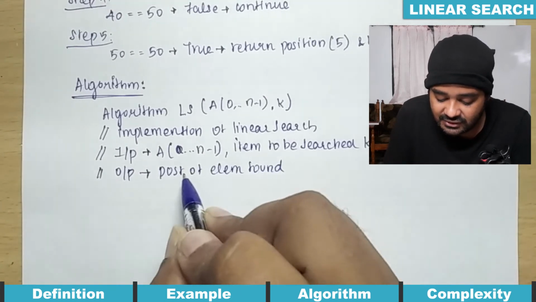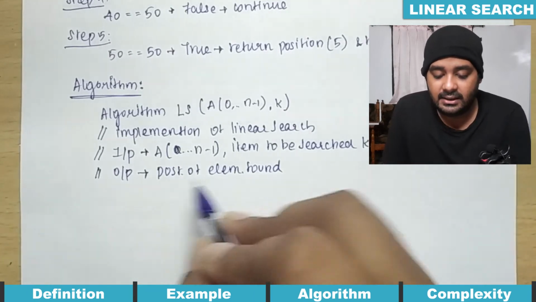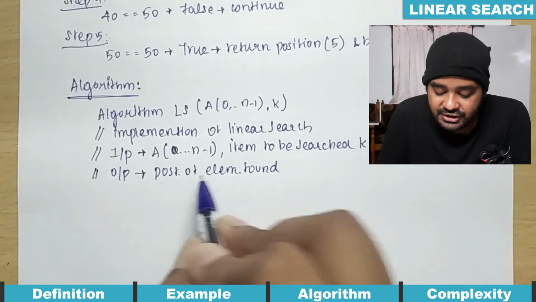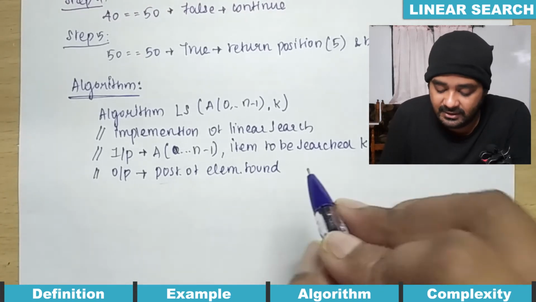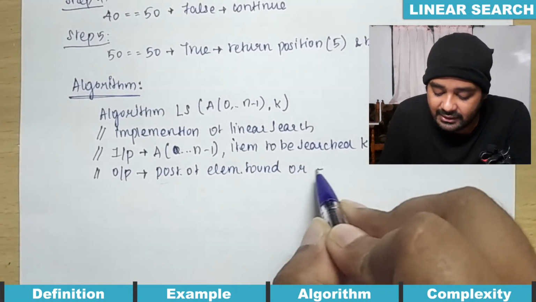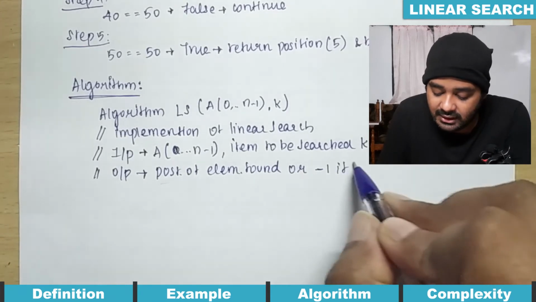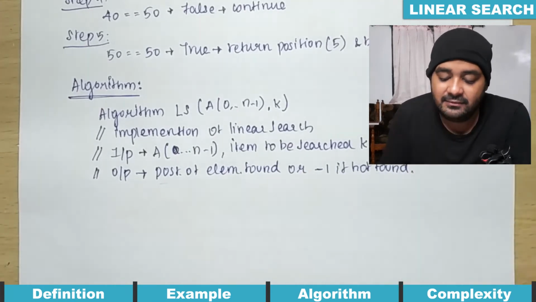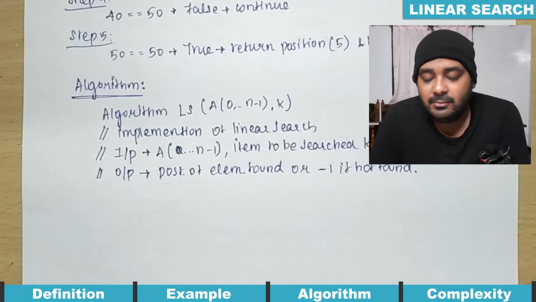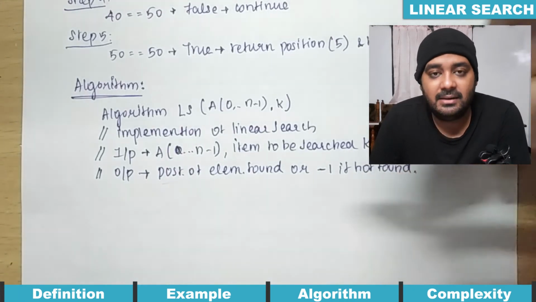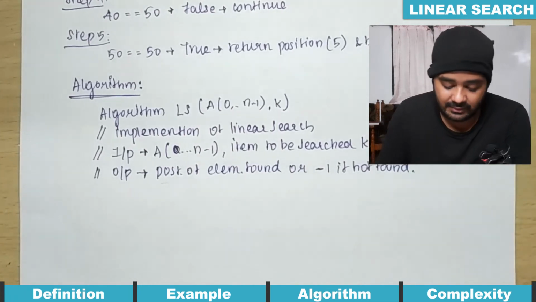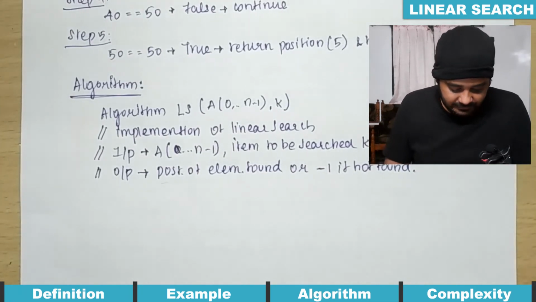I have shortened it, so while writing it in the exams, you should expand it. What we return is the position of the element to be found, or -1 if not found. If the element is found, we get the position of it. If the particular element is not found, you will get -1, right?